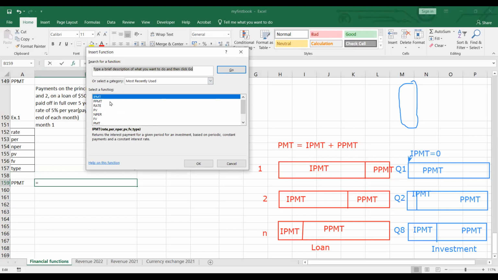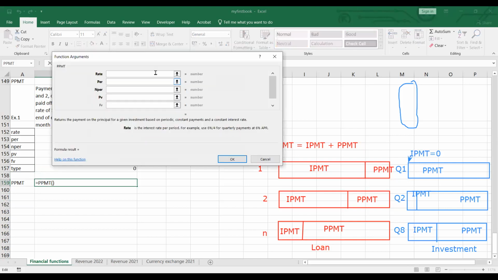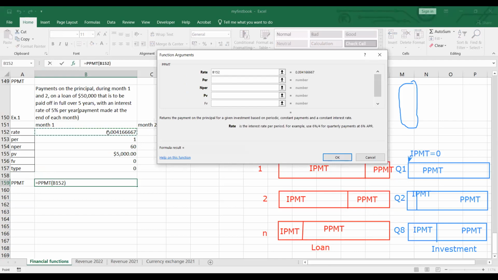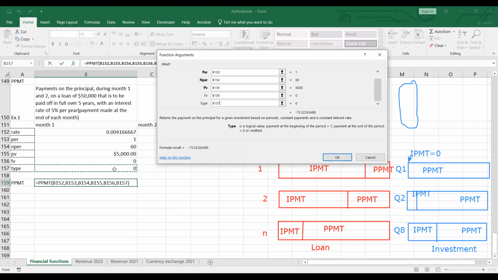When we formulate the PPMT, just enter all of the arguments: rate, nper, pv, fv, and type. You can see that the intermediate result here is showing as negative 73.52.